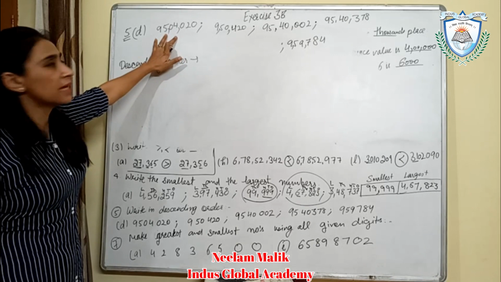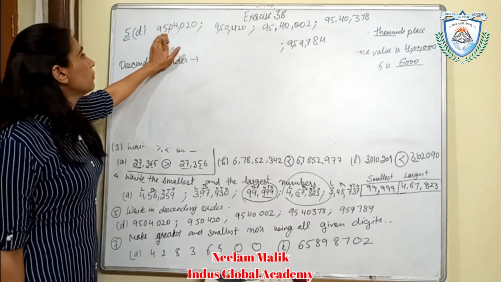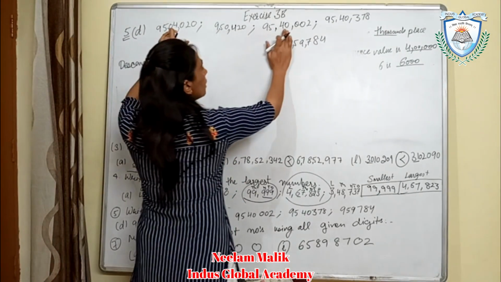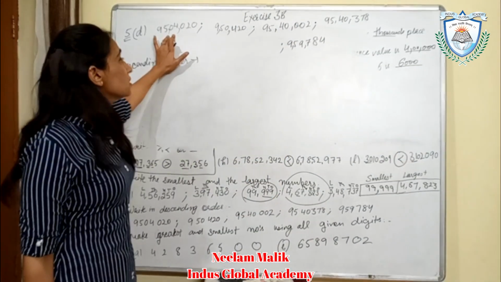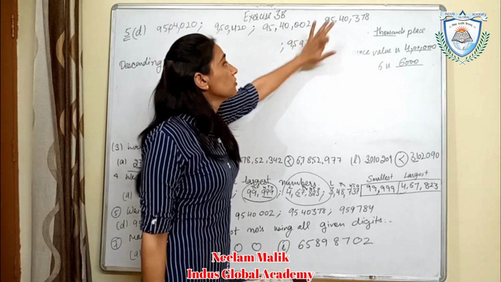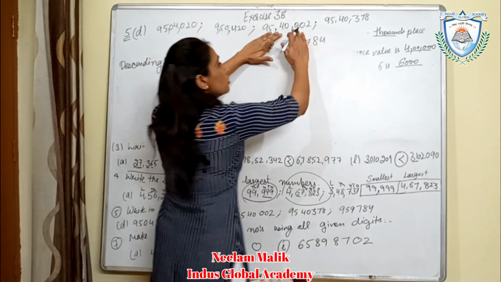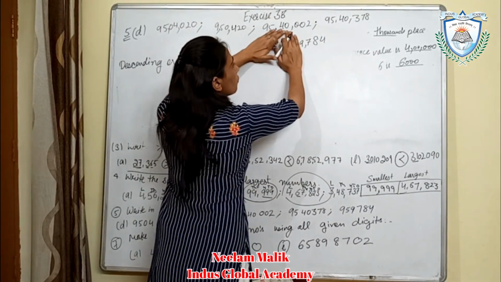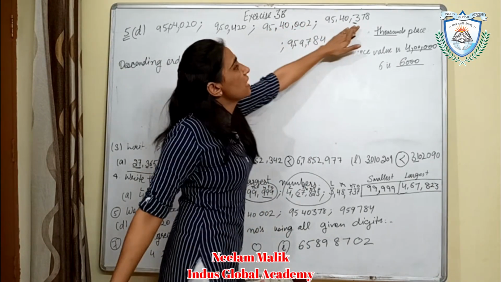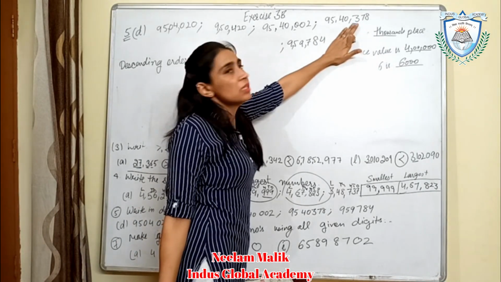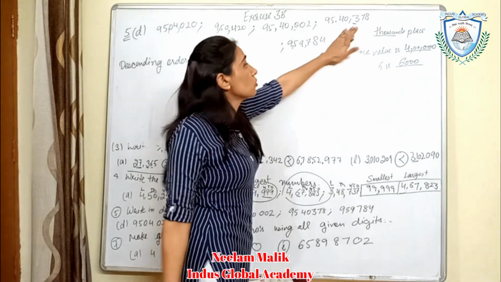So we will compare those first. This is 9504, this is 9540, this is 9540. Okay, 9504 is less than 9540. So now we will compare these two. 9540, 9540. Here is 0, here is 3. So that means that number is greater than this. So that number is also our greatest number.